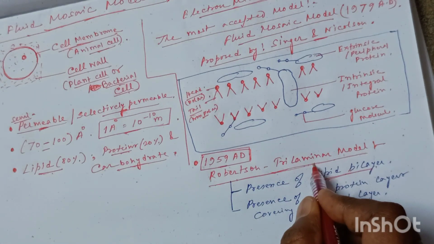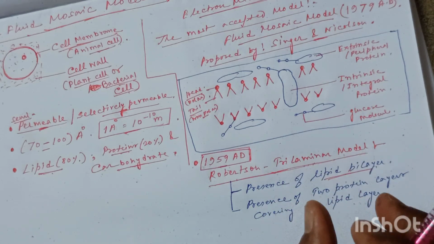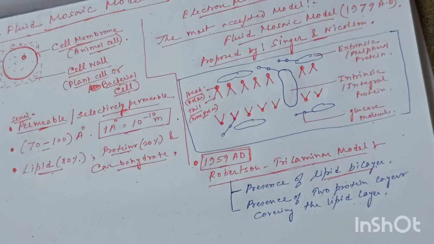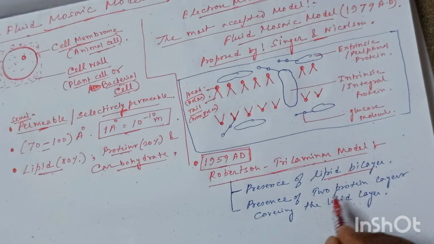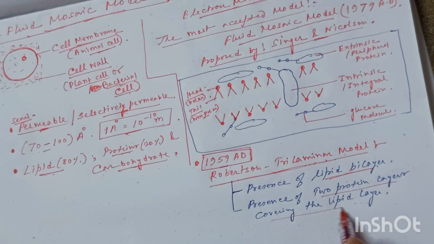So the Robertson trilaminar model gave a general structural orientation of the cell membrane, and it also postulated the presence of two protein layers covering the lipid bilayer.